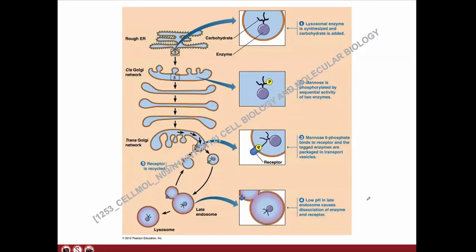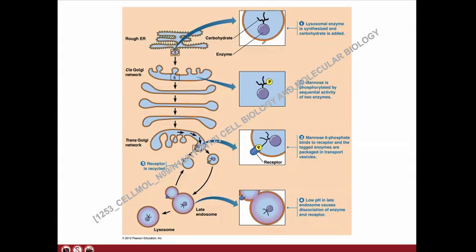So let's use all of those ideas in explaining the targeting of your soluble lysosomal enzymes to endosomes and lysosomes by your mannose 6 phosphate tag. Okay, so going from top to bottom, in your endoplasmic reticulum, you have the soluble lysosomal enzymes that undergo glycosylation, followed by the removal of your glucose and mannose units.